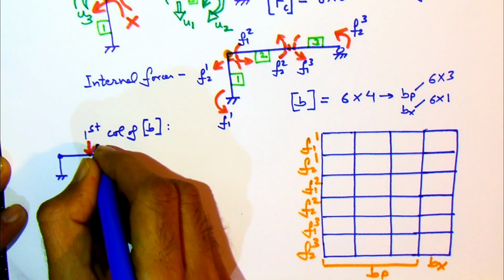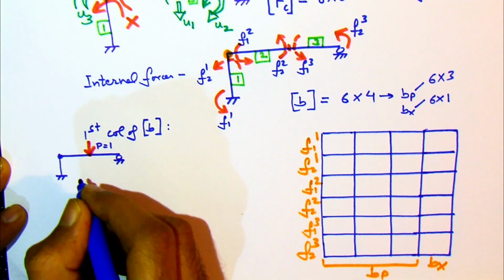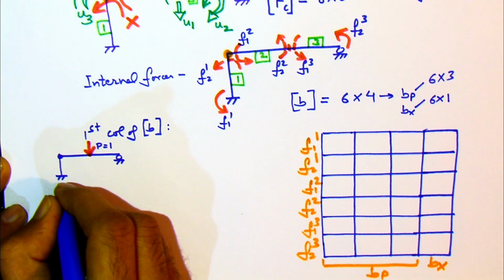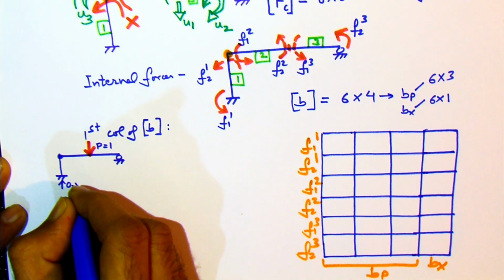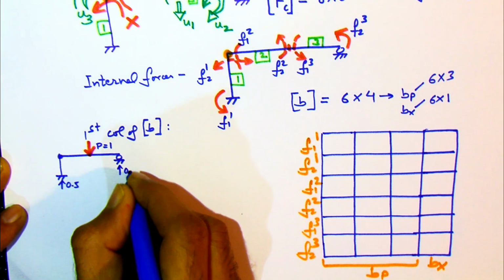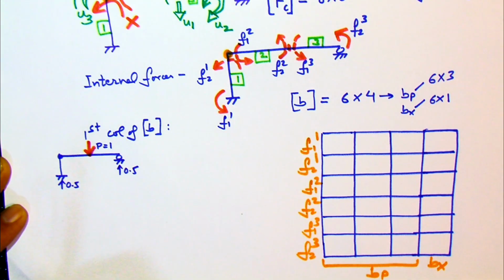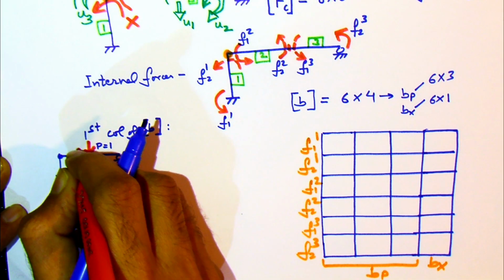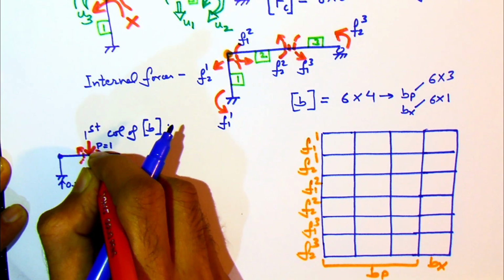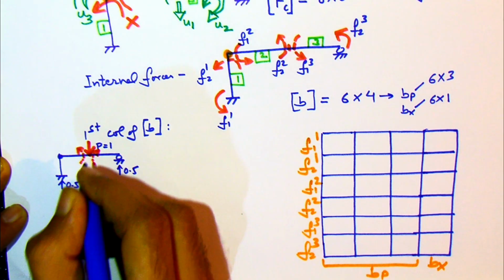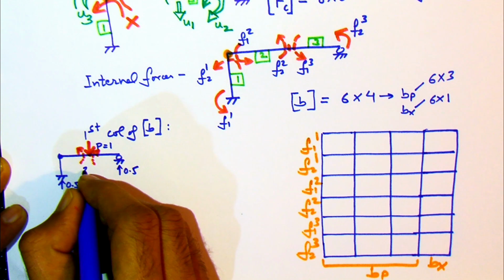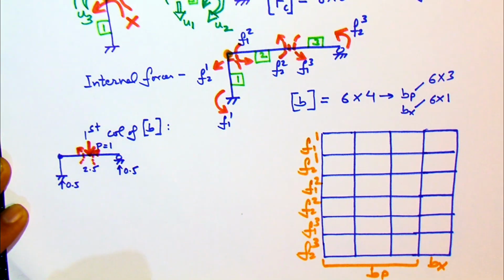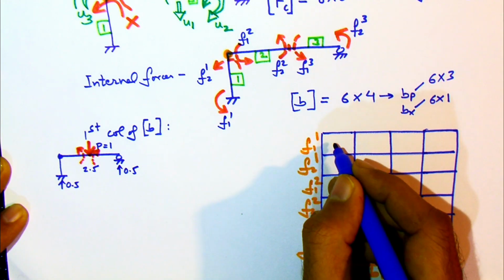So here we have the structure, and on this structure we are applying first P1 equal to 1. So it is like a simply supported beam. The top member is behaving like a simply supported beam, and no moment will be transferred to the column because of the presence of the hinge. So we show here the internal forces will be only at one point.